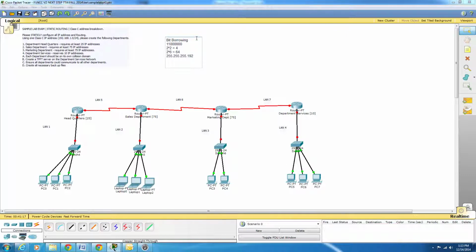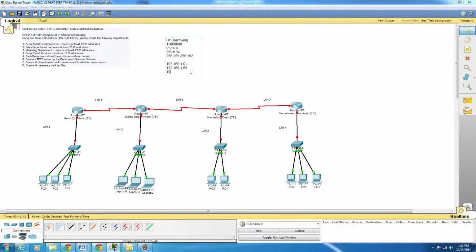It would go from 192.168.1.0 all the way up to 192.168.1.63, and that would be your first IP address range.